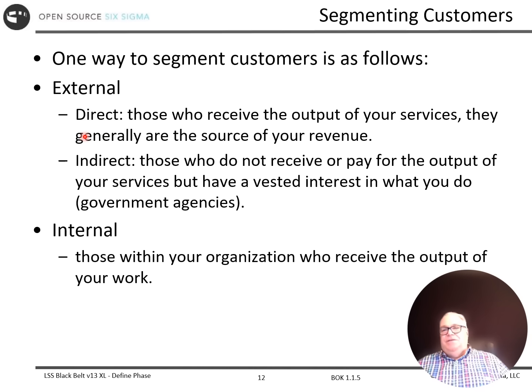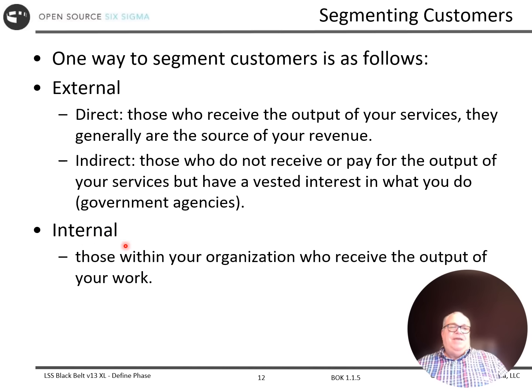Is it the person that pays the bills? Is it a regulatory agency that we have to satisfy? Maybe both. And if you're not the producer of the end item, if you work someplace in this supply system, who do you deliver things to?